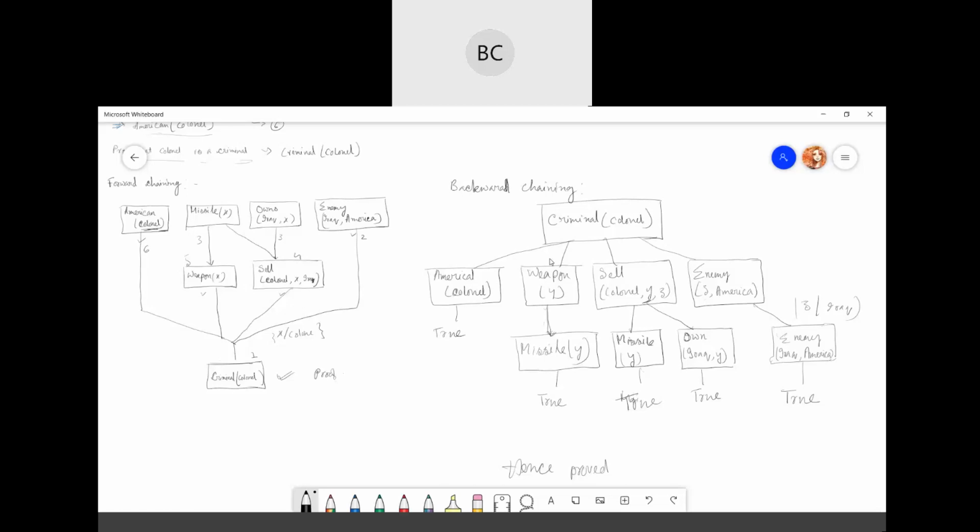Here there are only about 6 facts, so it's easy. But in a knowledge base there can be many other rules, and you can deduce many different conclusions. It might take time, and since it tests all the rules, there can be many possible conclusions.